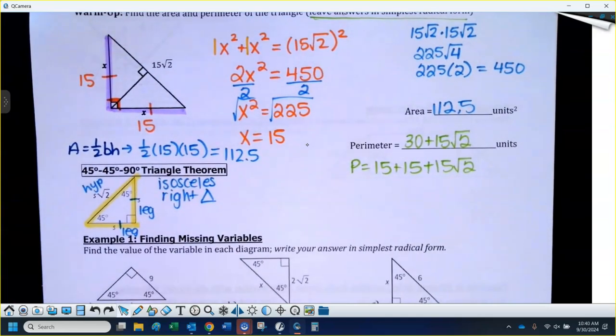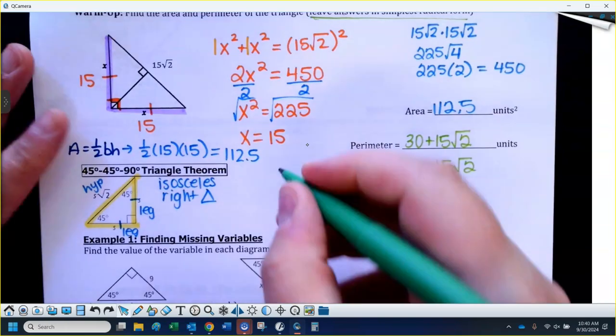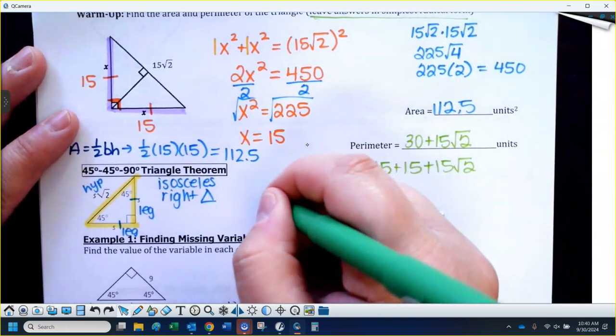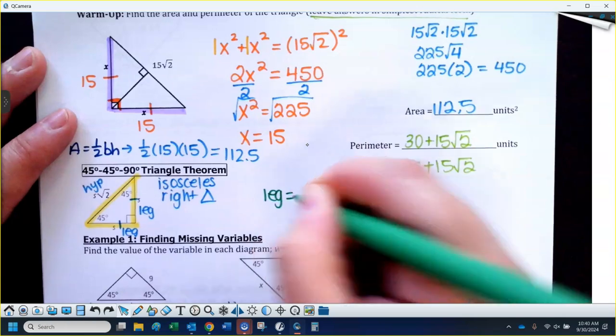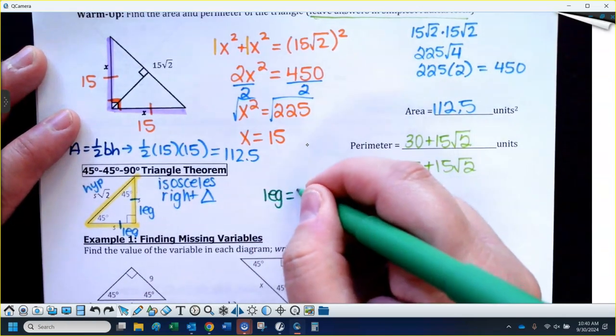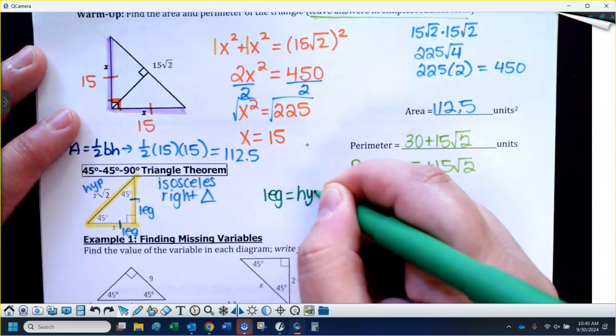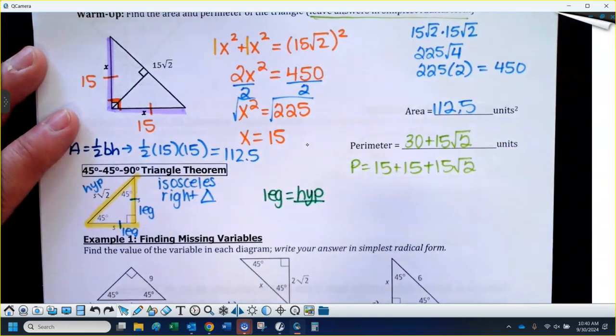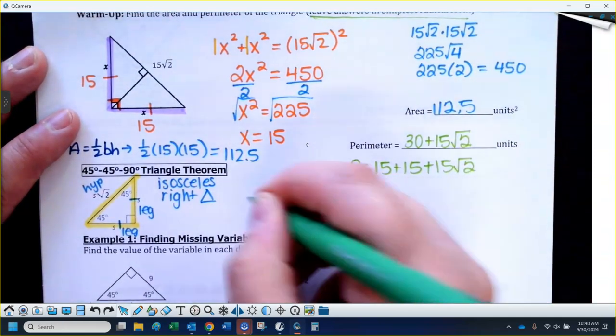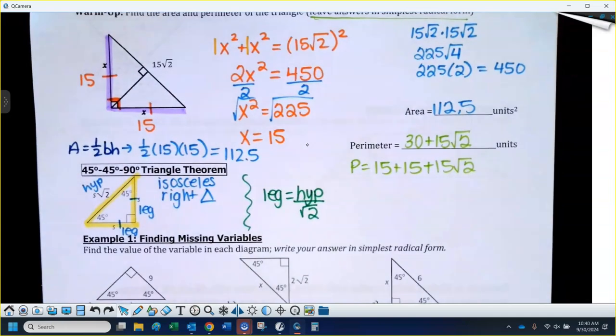So they're related. There's kind of two little things I would jot down for solving any kind of isosceles right triangle. If you know the hypotenuse, you can get the leg by dividing by the square root of 2.